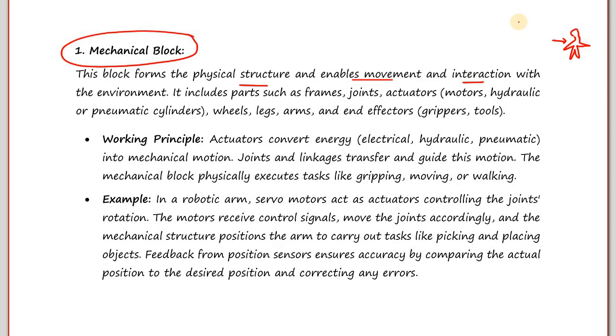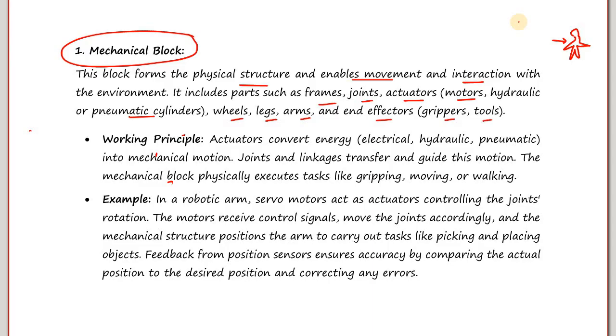So, now what does the mechanical block include? This includes parts such as frames, joints, actuators, which are motors, hydraulic or pneumatic cylinders, then wheels, legs, arms, and end effectors, that is the hand, something like that, grippers and tools.